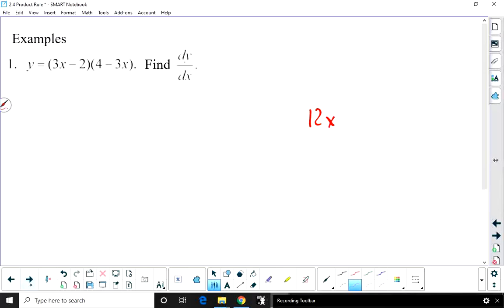I get a negative 9x squared. I get minus 8, and I get plus 6x. My brain doesn't go very well when the x's are mixed up like that, when they're not x then number. But can you confirm those are the 4 terms?